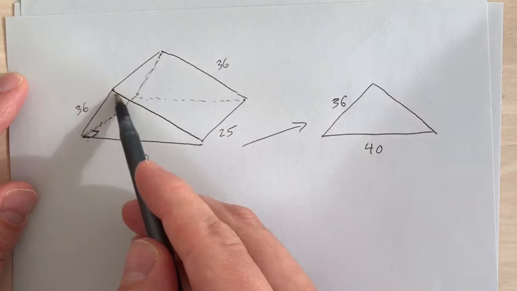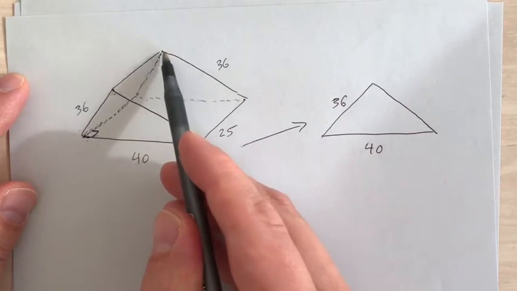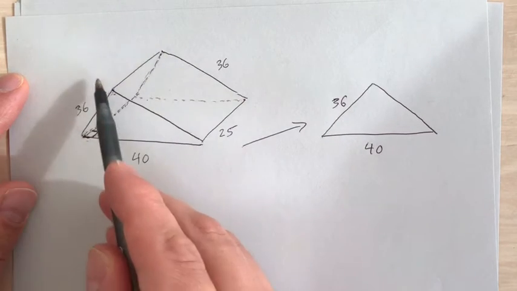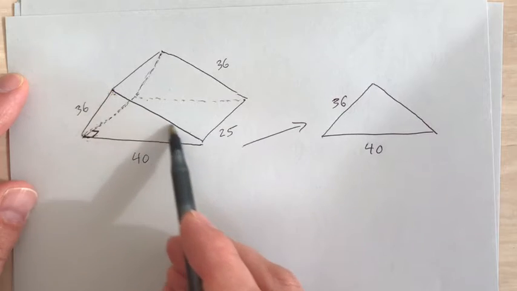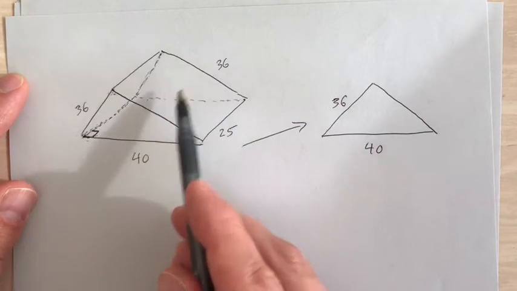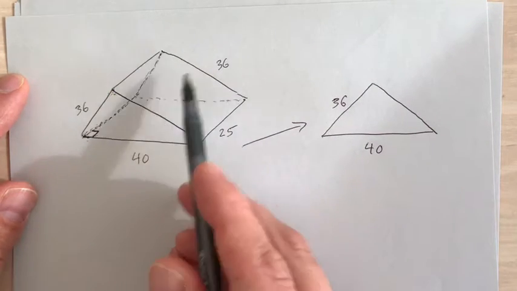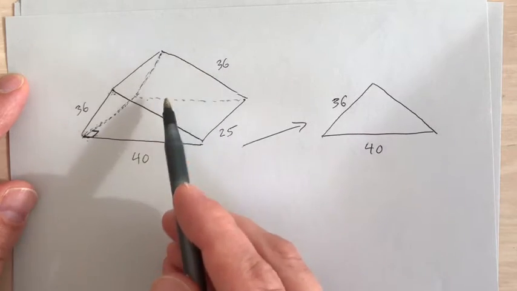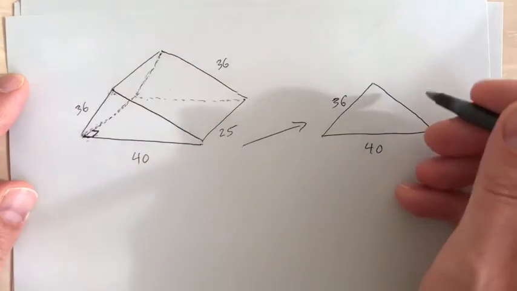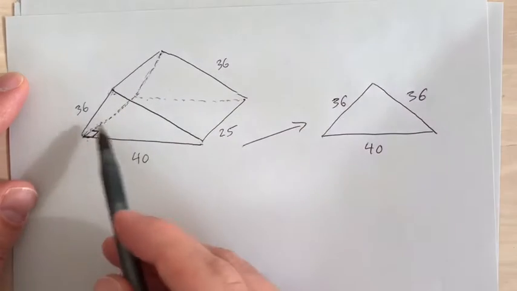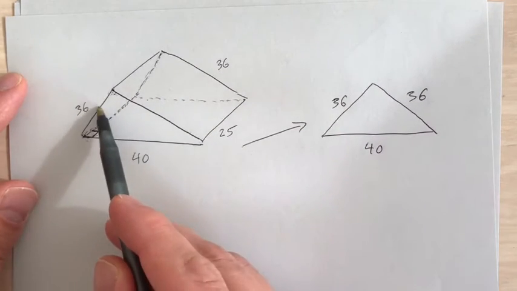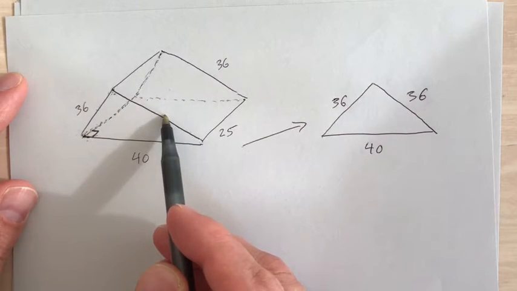This other side we are not sure about, but because this side is 36, we are confident that this side would also be 36, because if you look straight across, this is rectangular, so this side would be the same as this side. So this isn't drawn to scale, because these two sides are equal, but it definitely looks like this side is a little longer in the book problem as well. I think they did that on purpose to trick you a little bit.